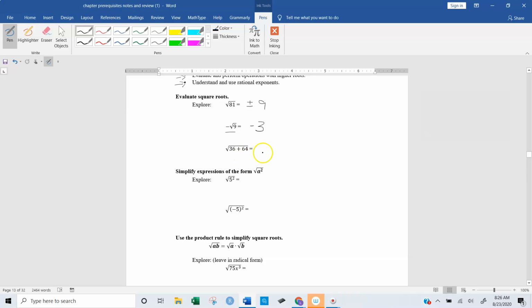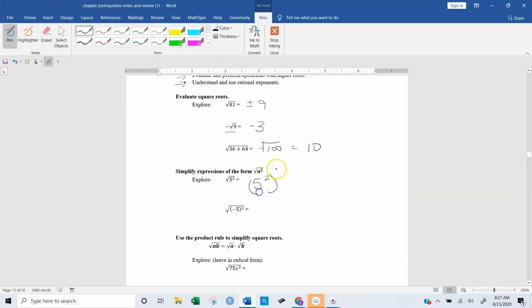Here you have to add first. So you should have said, hey, that's the square root of 100. The square root of 100 is 10. If you use your plus or minus, that's okay. But right now, that's not technically what they want. So now the square root of 5 squared, well, the square root cancels the square, because if you remember, that's really 5 squared.